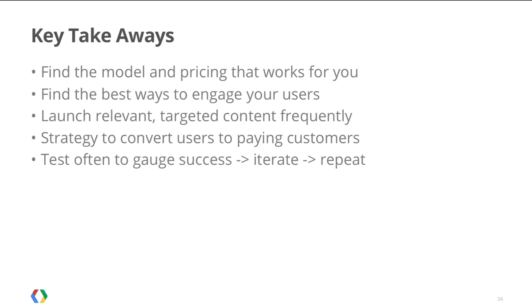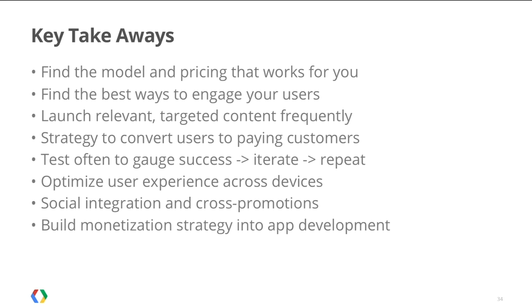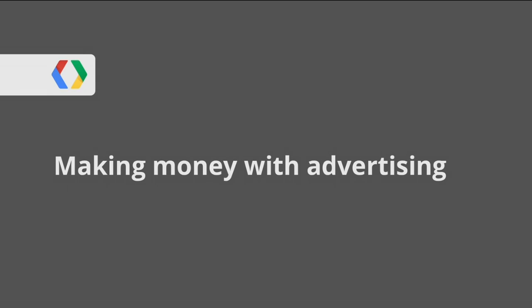And test often. I can't stress enough, test often, gauge success, iterate, and repeat. And optimize your user experience across devices. Integrate with social, and do cross-promotions. And really, most importantly, as a part of this talk, build a monetization strategy into your app development efforts. All right, so with that, I'm going to pass it back to Chrix to talk about advertising.